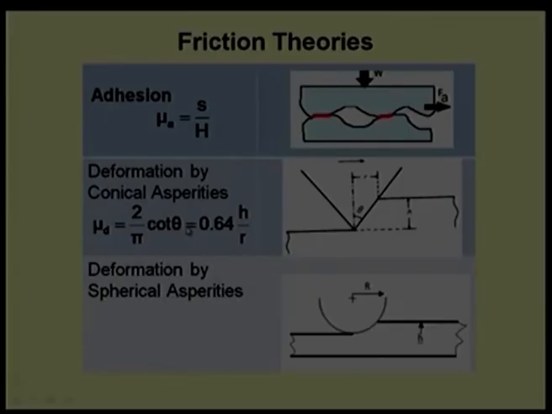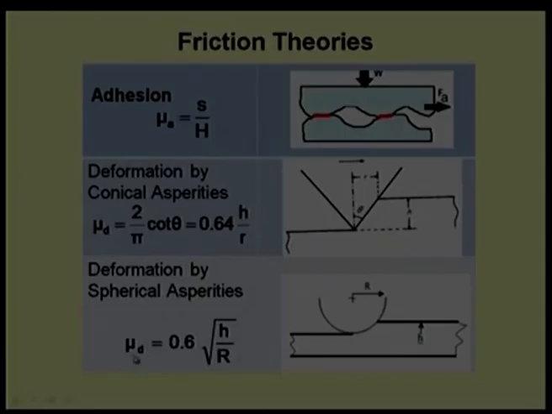If I simplify, 2 divided by pi is equal to 0.06366, or nearby 0.64, and expressed in terms of depth of penetration and radius of the cone at the interface, I will get a relation something like 0.64 into h divided by r. This is more or less the same relation which we developed for spherical asperities.